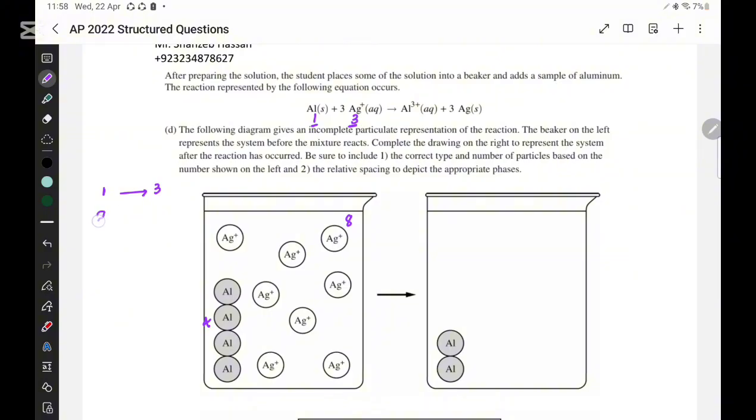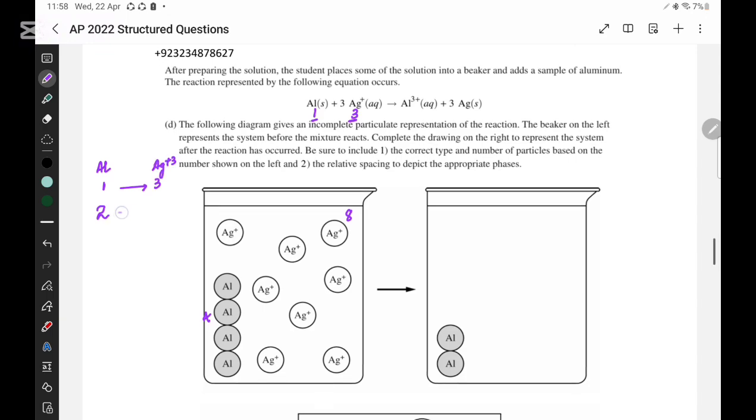If you have 2 aluminium, they react with 6 silver ions. If you have 3 aluminium, you need 9 silver ions. But in fact, you have a maximum of 8 silver ions. So silver ions are in a limiting quantity.